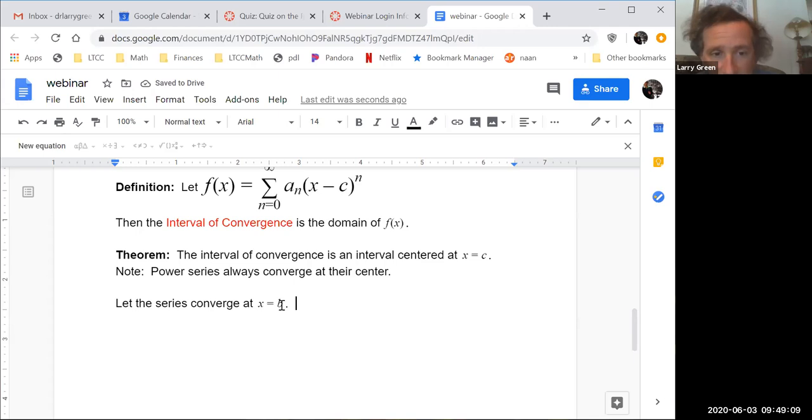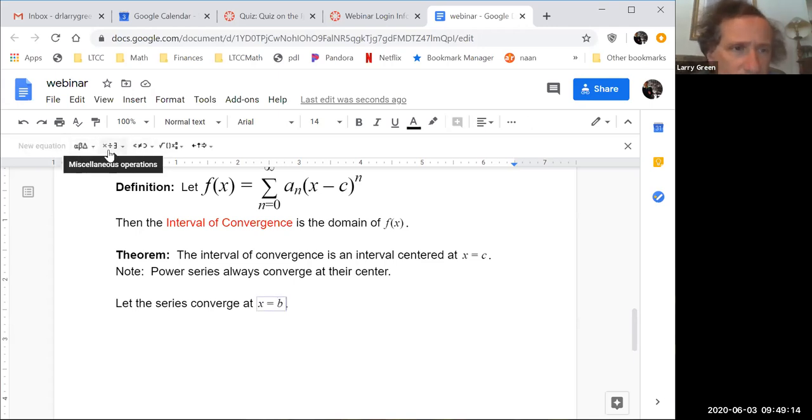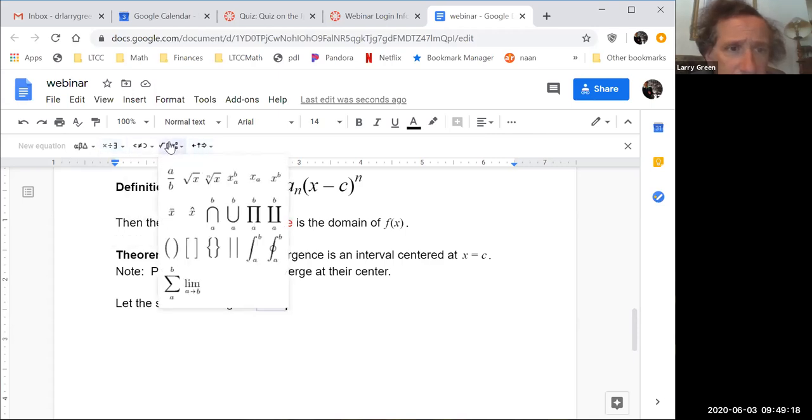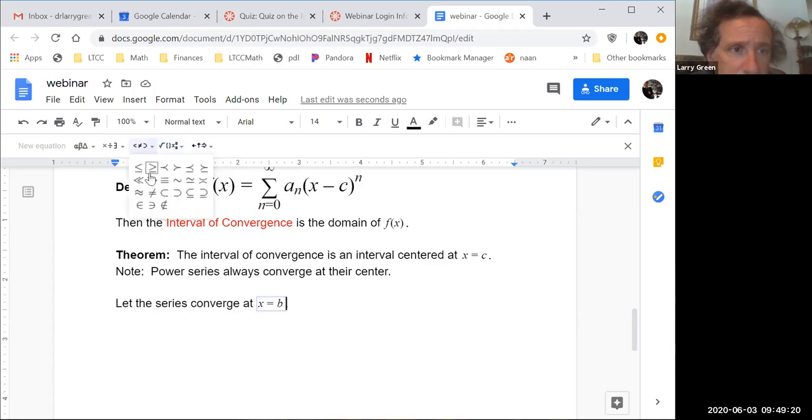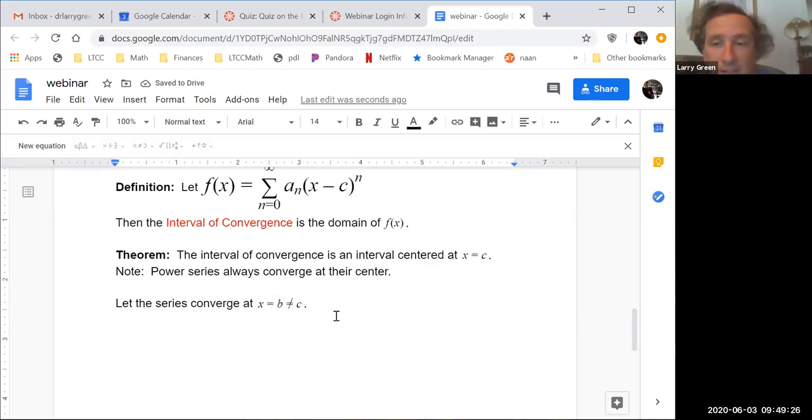And let's say b is not equal to c. So let's say it converges at a value that isn't the center.